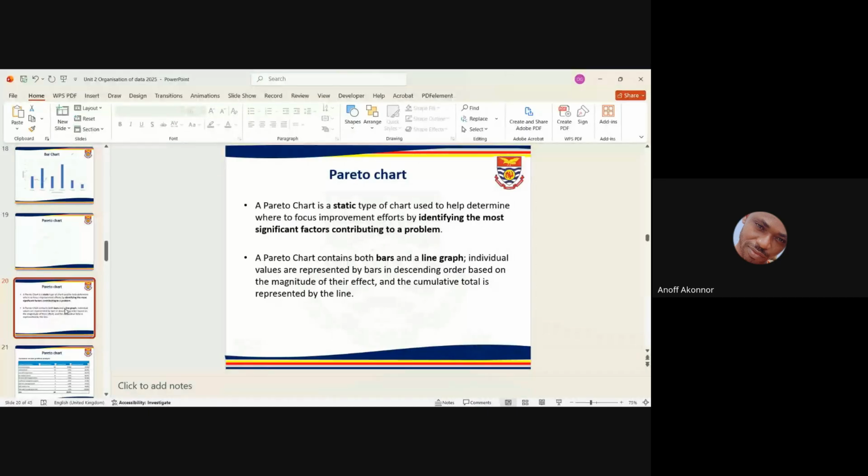Or if I sell something to someone, how does my service push him to bring more customers to me? So all these things that we are learning are very important, so let's take them very seriously.